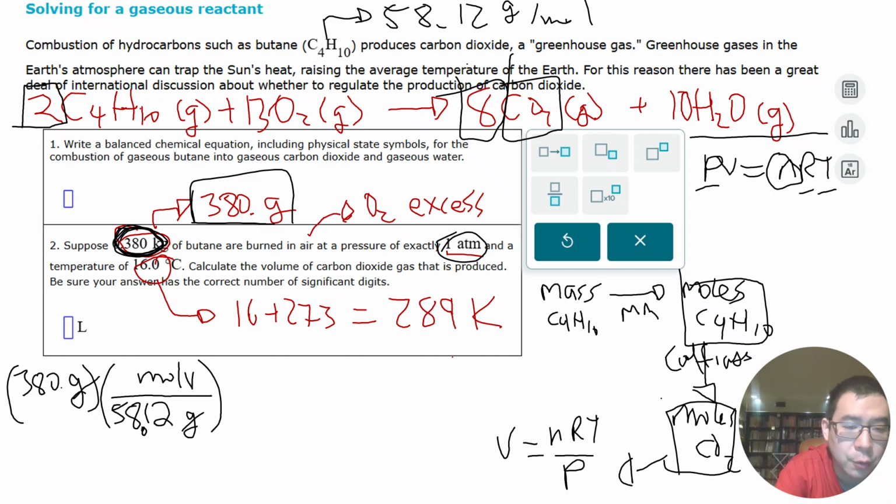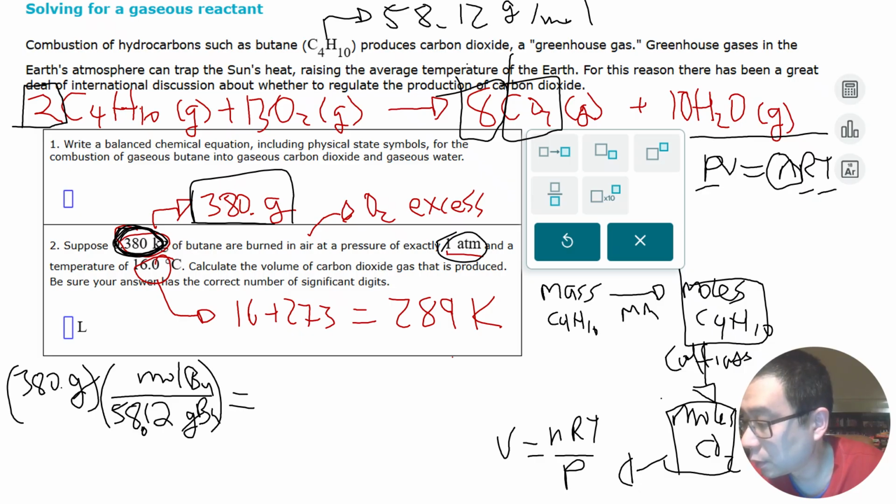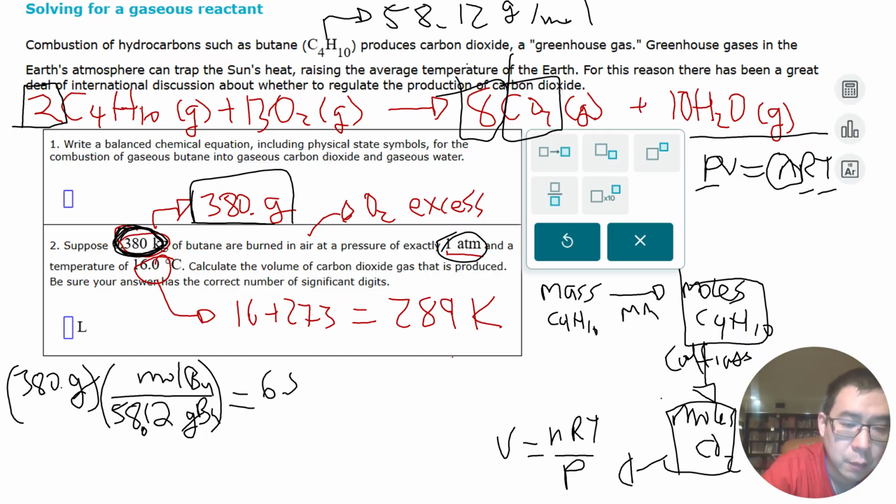I'm just going to call it BU for now. 380 divided by 58.12 gives me 6.54 moles of butane.